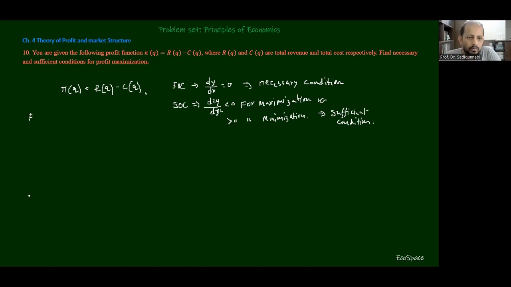Okay. Now, what is the first order condition? If we take del pi divided by del Q, it should be equal to del R by del Q minus del C by del Q, which should be equal to 0.